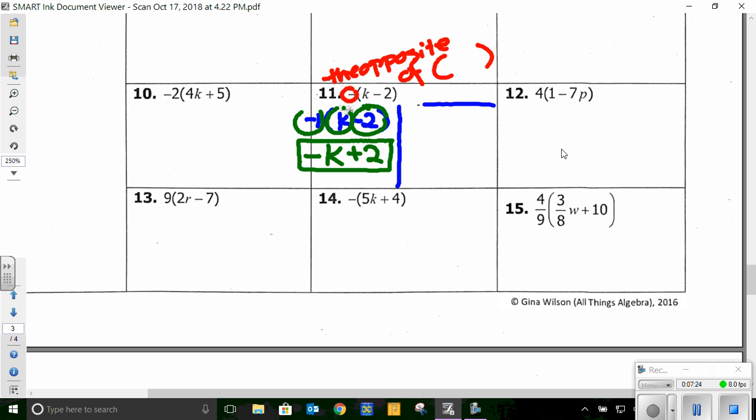So the opposite of positive k is negative k, and the opposite of negative 2 is positive 2. You can see I got the exact same answer that I had a second ago. So it's just a personal preference on which way you want to solve it, because it's how you see it best. Whichever way is fine, just make sure you are showing your work.